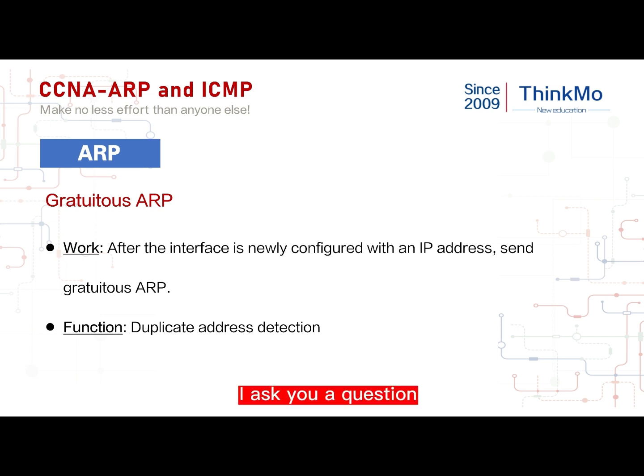I ask you a question. If the PC sends a data packet now, the destination IP is itself and the target IP is also itself. Now the peer has received it. For example, PC1 sends a data packet to PC2. PC1 is configured with an address of 1.1.1.1, and PC2 is also 1.1.1.1.